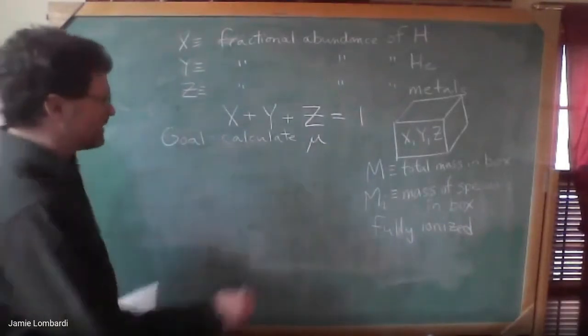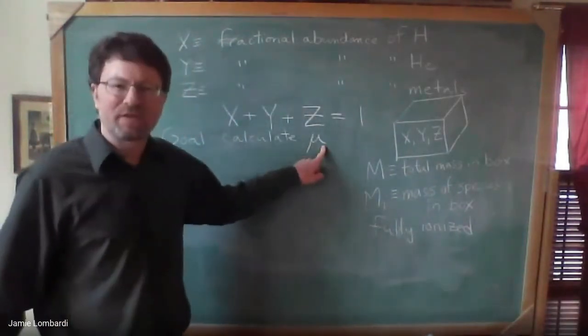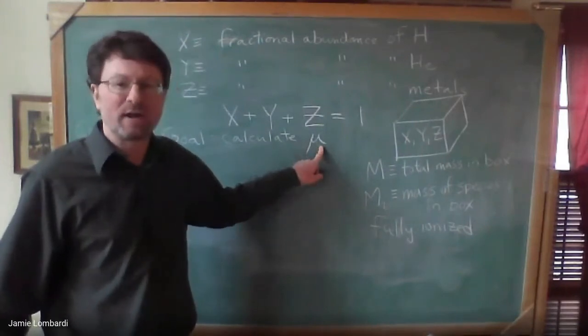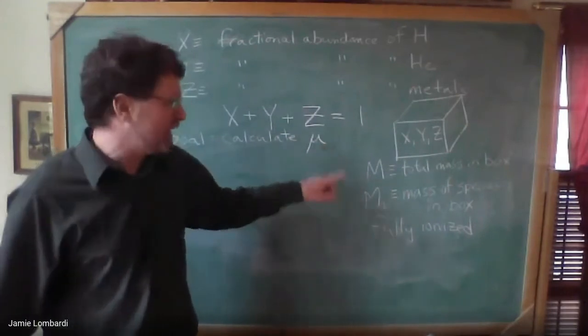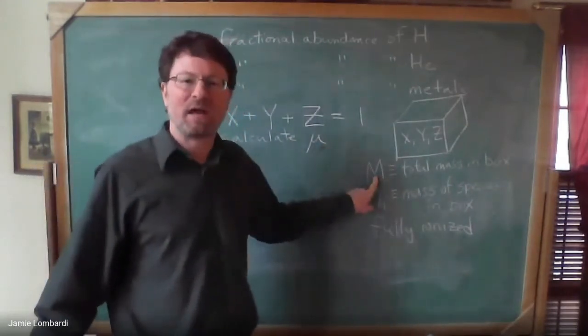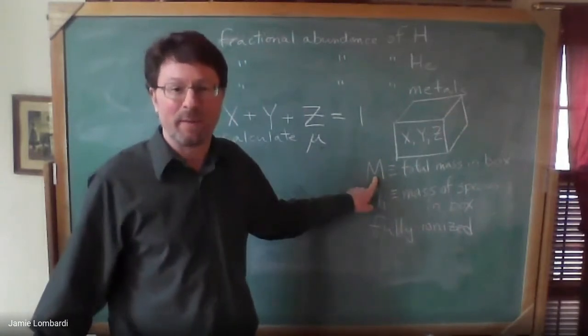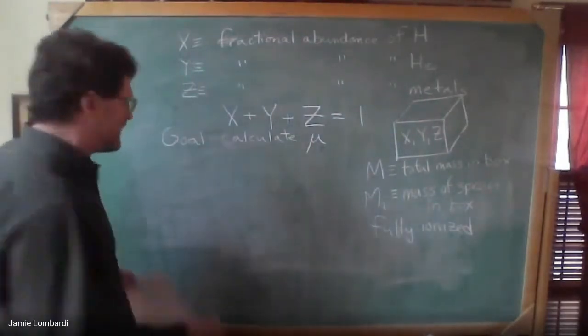So if I want to calculate mu, remember what mu is. It's the average mass of the things in the box divided by the mass of a proton. So I need to figure out how I'm going to calculate the average mass of a thing in the box. Well, if I take the total mass and divide by the total number of things, that would be the average mass of the things in the box. So I need to think about how to calculate the total number of things.